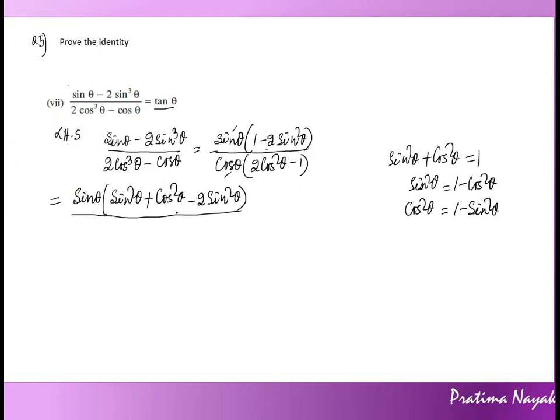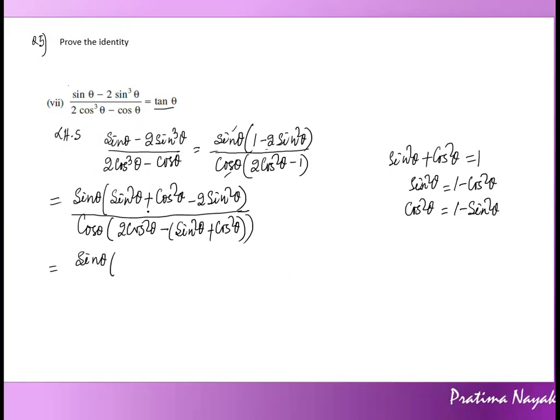And the denominator will be cos theta multiplied by, what I'll write here? I'll write 2 cos square theta. I'm changing minus 1 as again sin square theta plus cos square theta. Next step is simplification. This will be sin theta.